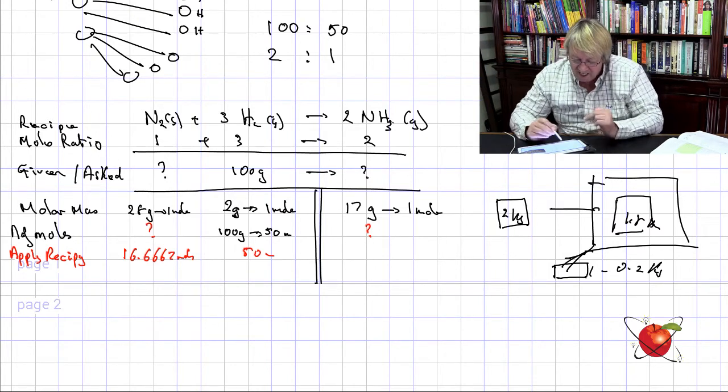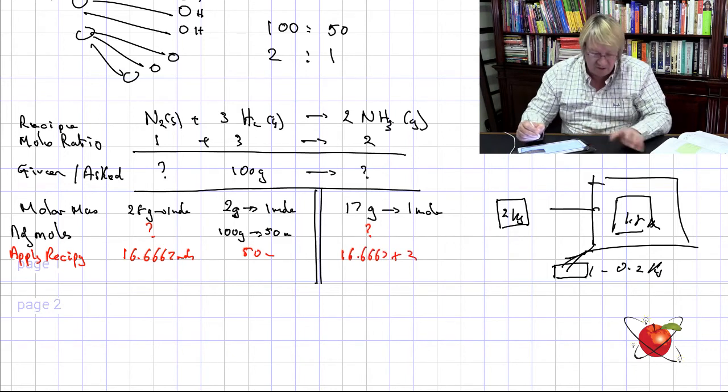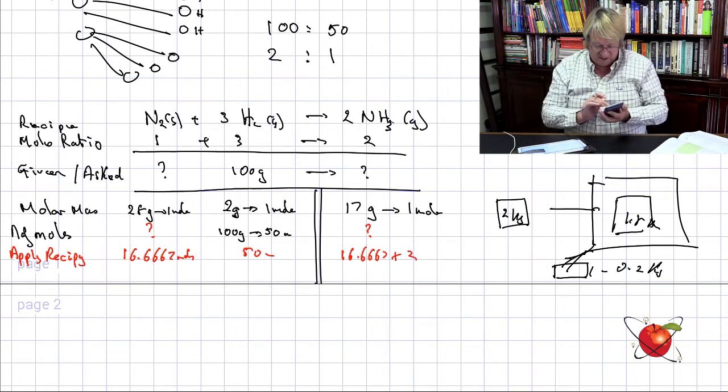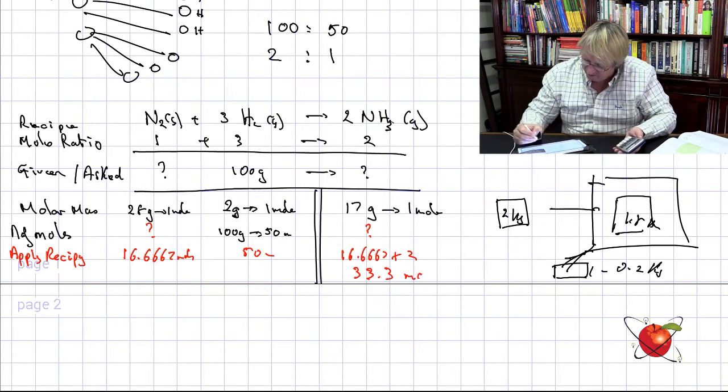Well, it must be in the ratio 1:2. So if it's 1:2, I must get 16.667 times 2, right? 16.666 times 2 is going to be 33.3 moles of that.